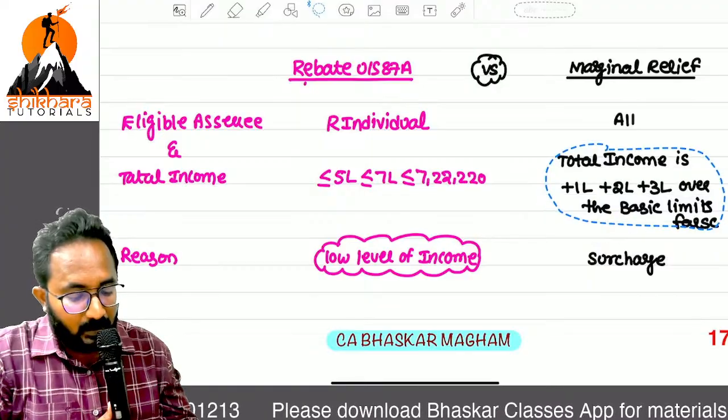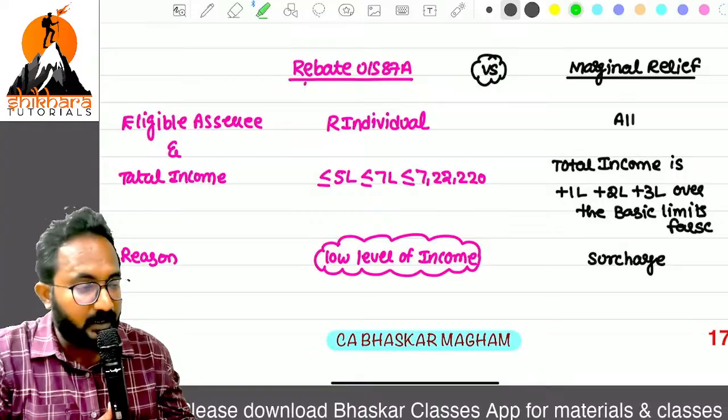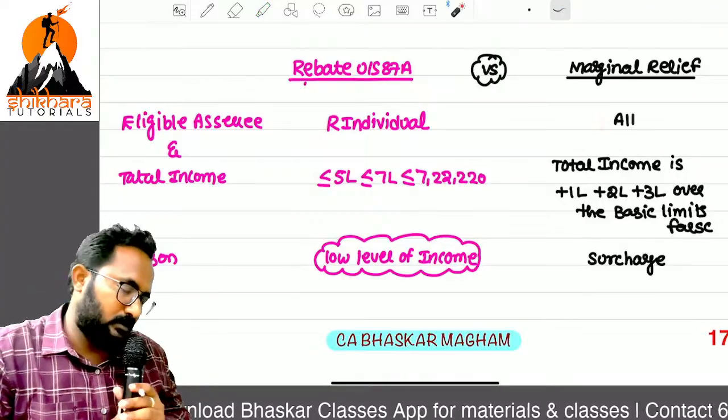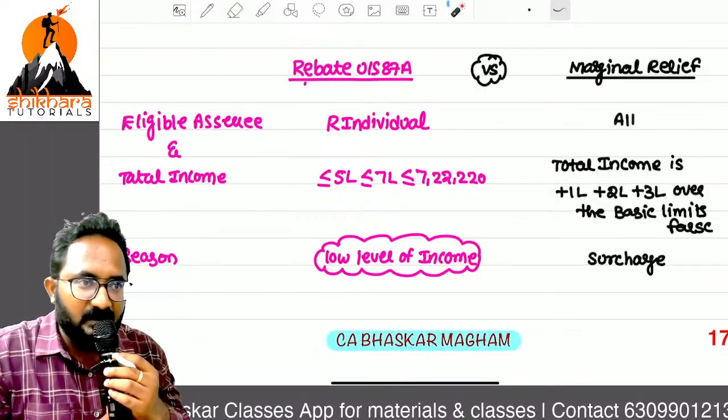Sir, again I am repeating, most of the students will not understand this point. I will tell you again. All SSEs are eligible for marginal relief. When can we get the marginal relief? Your total income is plus 1 lakh, plus 2 lakh or plus 3 lakh more than the basic limit for surcharge.